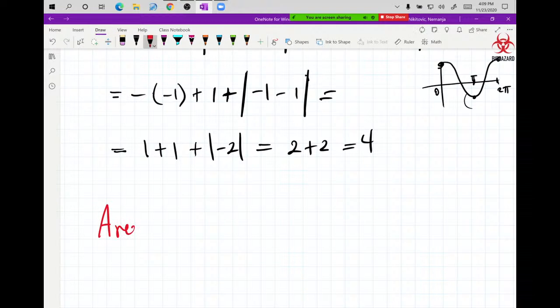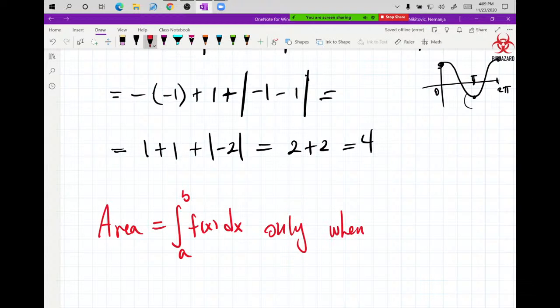Area equals the integral from a to b of f of x dx only when f of x is equal to 0 or larger than that. Otherwise, nope. Otherwise, you're dealing with the net area, which includes the negative area, which you have to subtract.